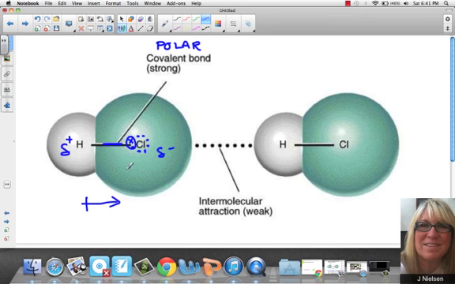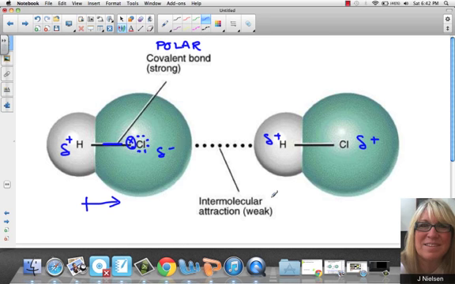So what happens when I get a bunch of HCl's in a beaker? So say I have hydrochloric acid, which is a liquid, and I put them all in a beaker. So now I have all these HCl molecules. What's going to happen is that the molecules will align themselves so that the positive of one and the negative of another will be attracted to one another.